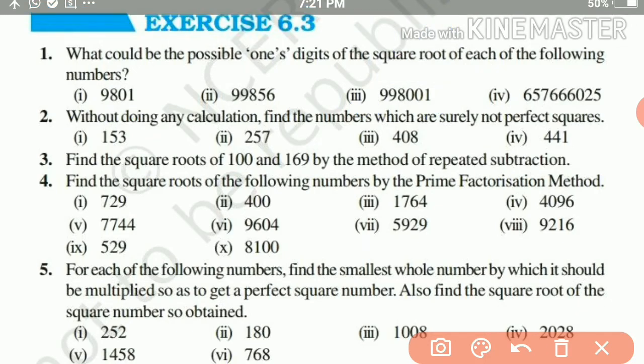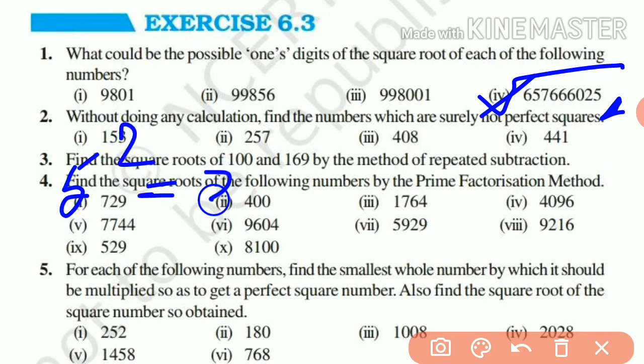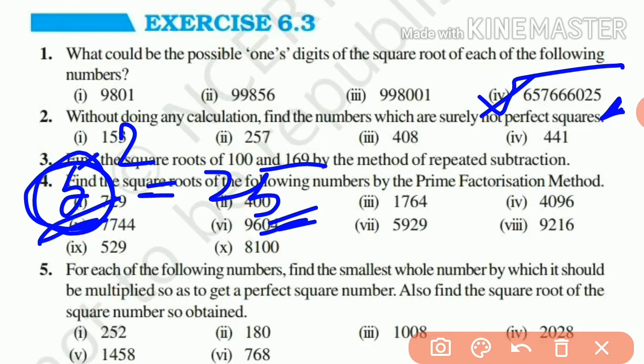Similarly, in this case, what will be the unit digit in the square root of this number? Its last digit is 5. Only the square of 5 is 25, and here the unit digit is 5.